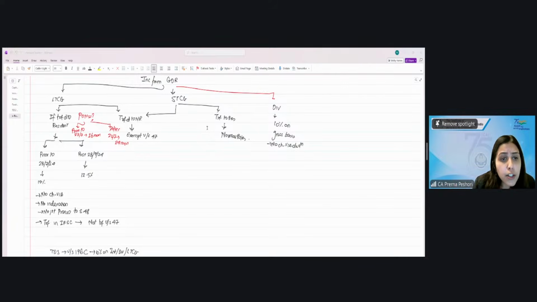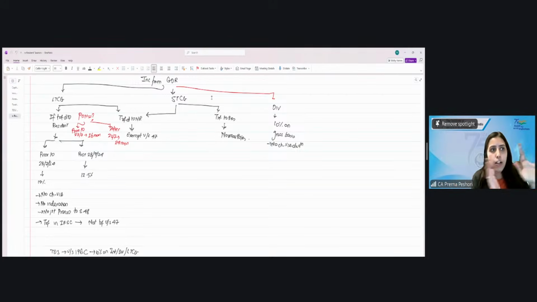If it is after 23rd July, it will be 12.5% on the long-term capital gain. On dividend, it will be 10% on a gross basis. If it is transferred to a resident, there is no Chapter 6A deduction, no indexation, no first proviso to 48. If it is transferred in IFSC, it is not regarded as a transfer itself. It is exempt.